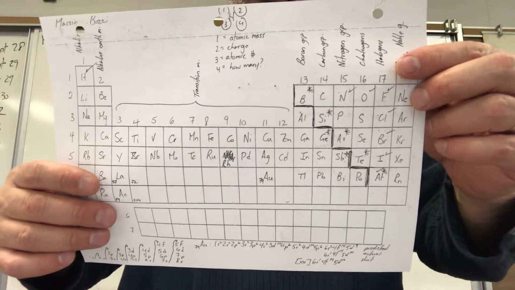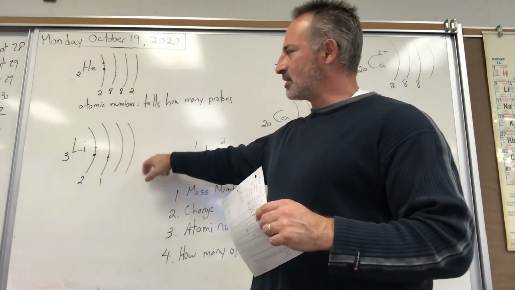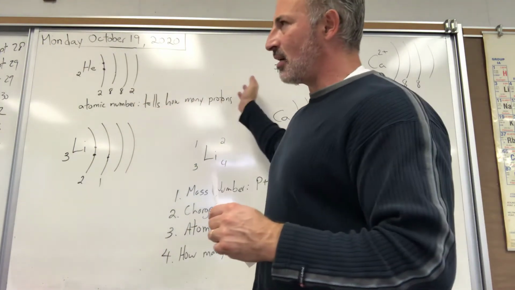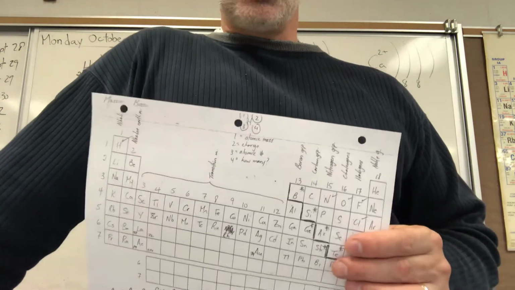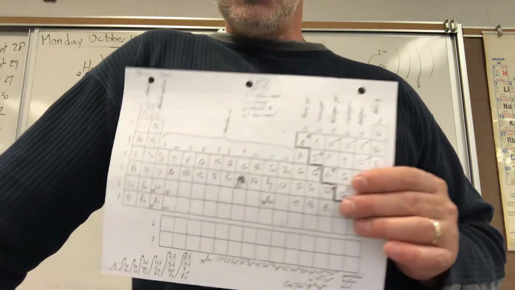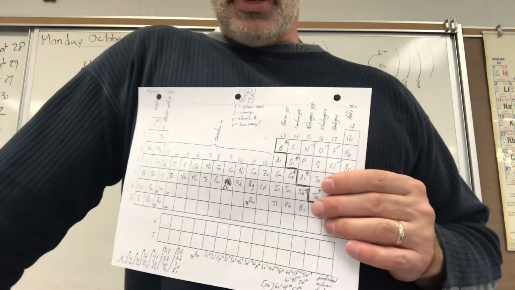Then I might ask you to fill in a shell like this to give you the configuration of an atom up to as big as calcium, and it might have a charge in it. So keep in mind that if it has fewer electrons or more electrons, depending on the way it has a charge. And let me give you an example where you might have extra electrons.